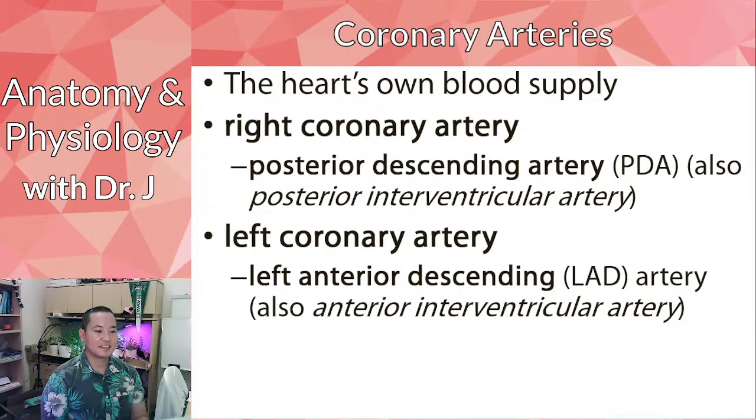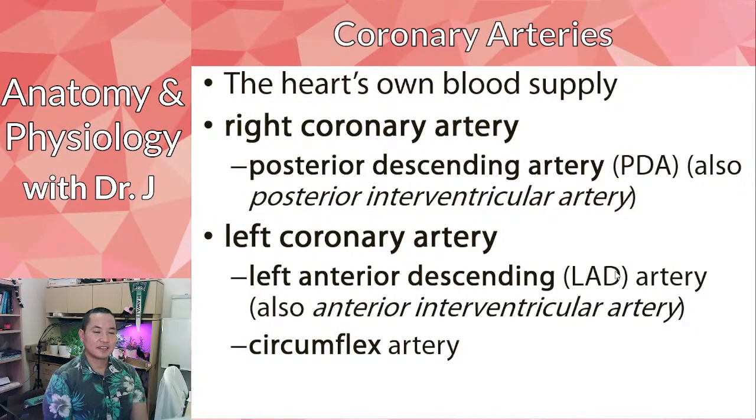I prefer LAD, but you should know both, because sometimes it depends on the textbook or paper you're reading, or sometimes the surgeon you're talking to. But I like LAD because it tells you exactly where it is. It's going to the left, it's anterior, and it's descending. So I love LAD because it tells you exactly where it is.